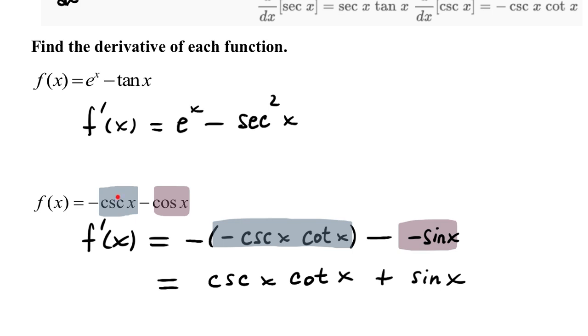Cosecant itself has a derivative of negative cosecant x cotangent x, and our derivative of cosine is negative sine. Be careful to note the highlighted parts versus the non-highlighted parts. These 2 negatives make a positive, so our derivative will be cosecant x cotangent x plus sine x.